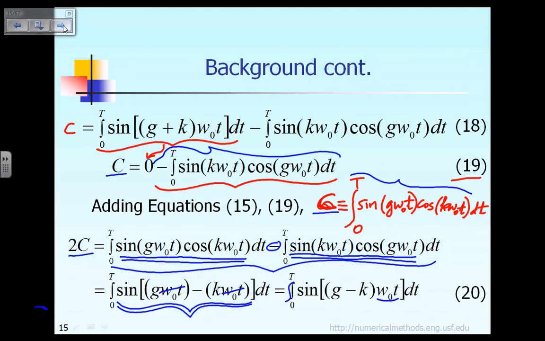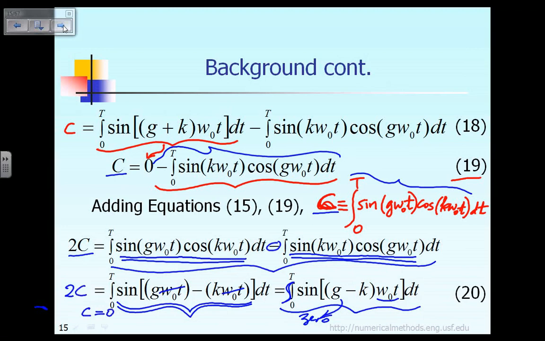According to example 1 or example 2, we already proved earlier that the integral of sine of a function is equal to 0. So this is equal to 0. In other words, we already proved to you that 2c is equal to 0, and therefore c is equal to 0.